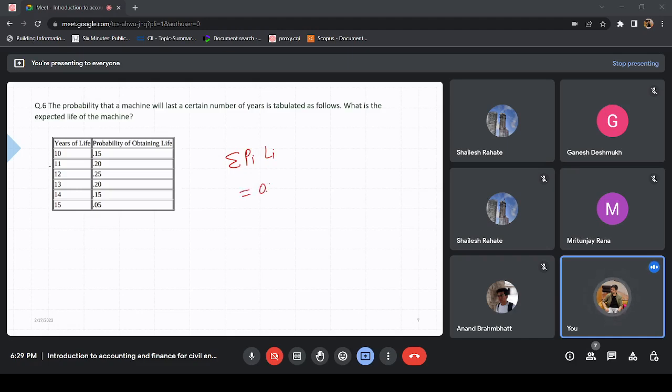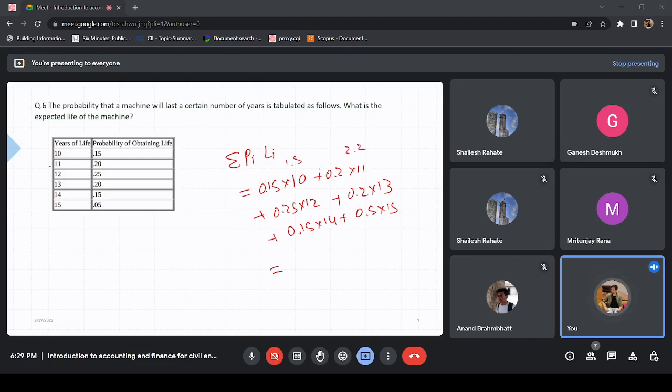So it would be 0.15 into 10 plus 0.2 into 11 plus 0.25 into 12 plus 0.2 into 13 plus 0.15 into 14 plus 0.05 into 15, and this value comes to be okay, let's see what this value comes. 1.5.